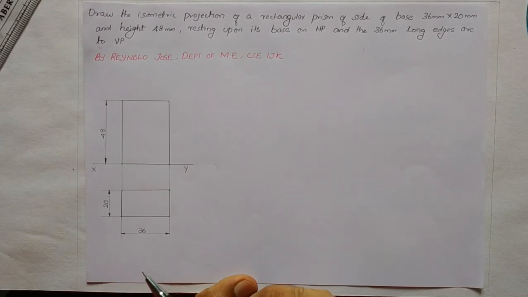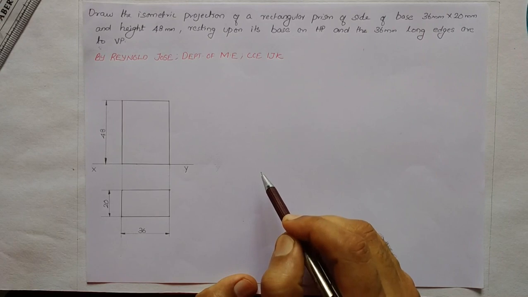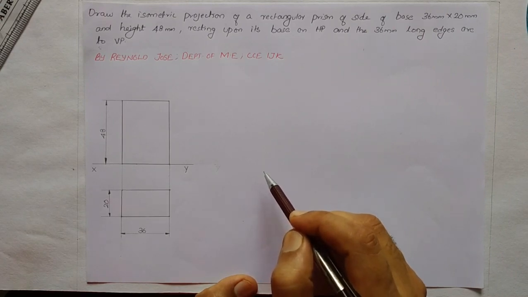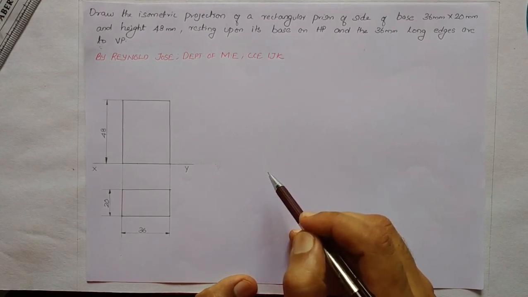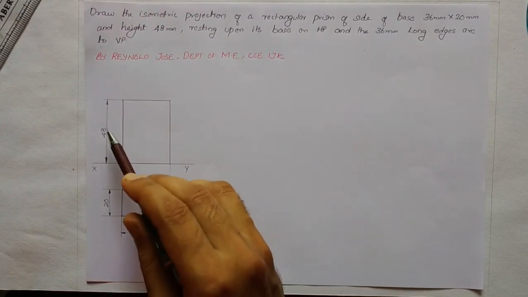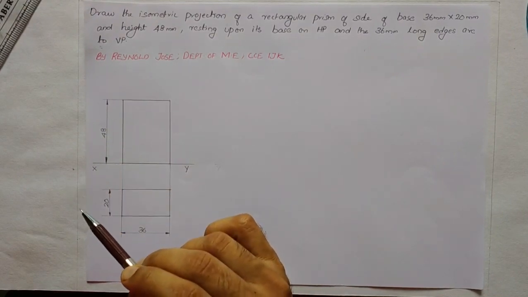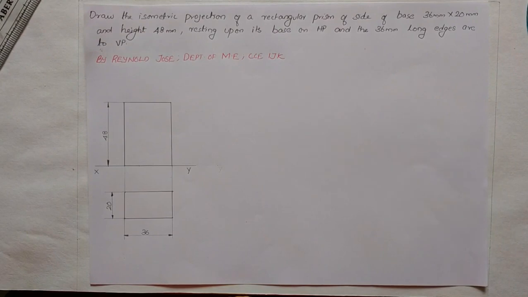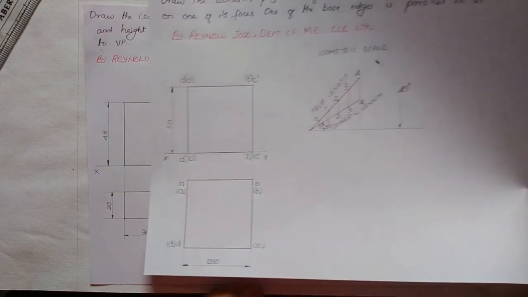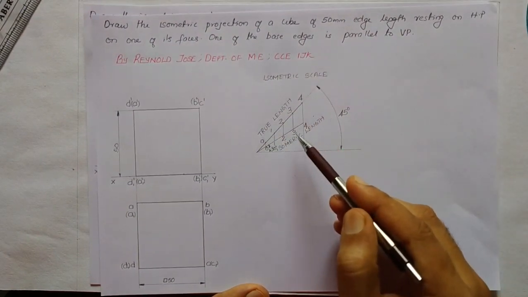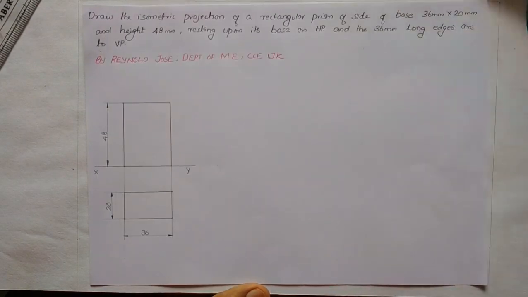In this case, it is the same as the previous problem, which can measure at least 50 mm. Here the maximum dimension is 48, we are rounding it to 50, so the same procedure followed in the previous case can be used for this problem also.